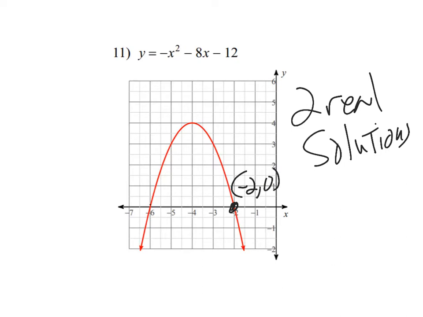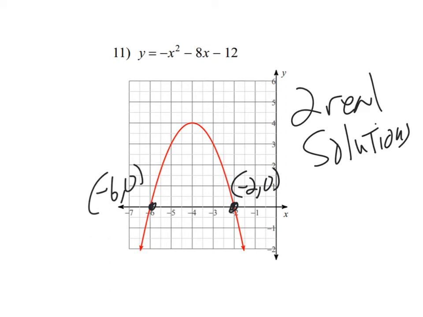The y is equal to 0, and -6, 0. So that's why we say there are two zeros, two solutions. We might even call them two roots. I'm not quite sure where the term roots came from. It's got something to do with the theory. Old stuff. So that has two solutions.